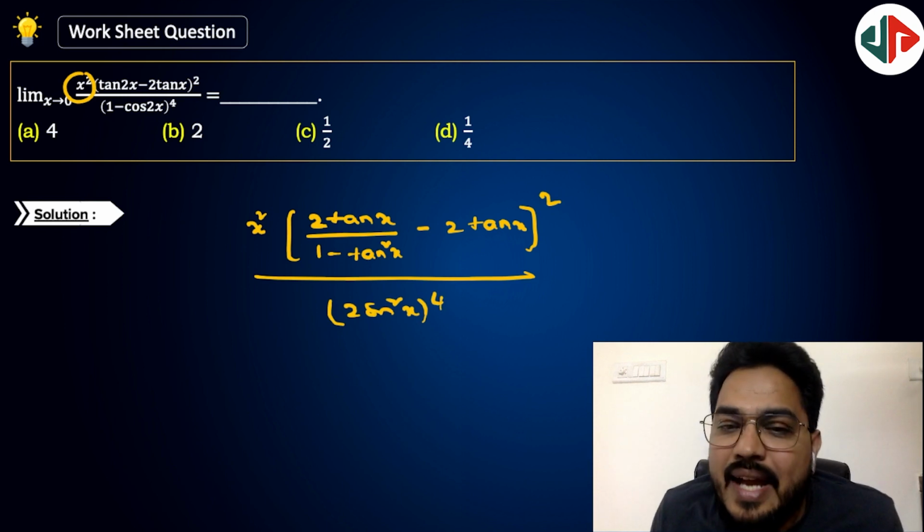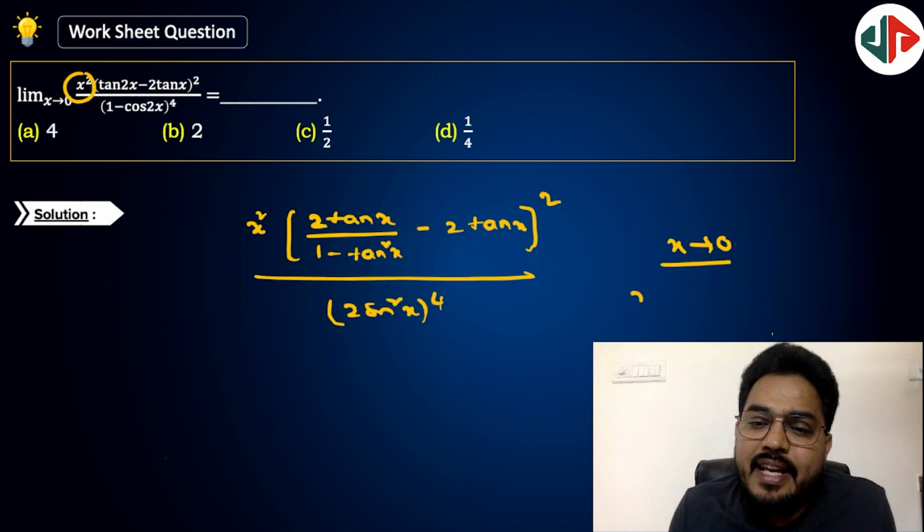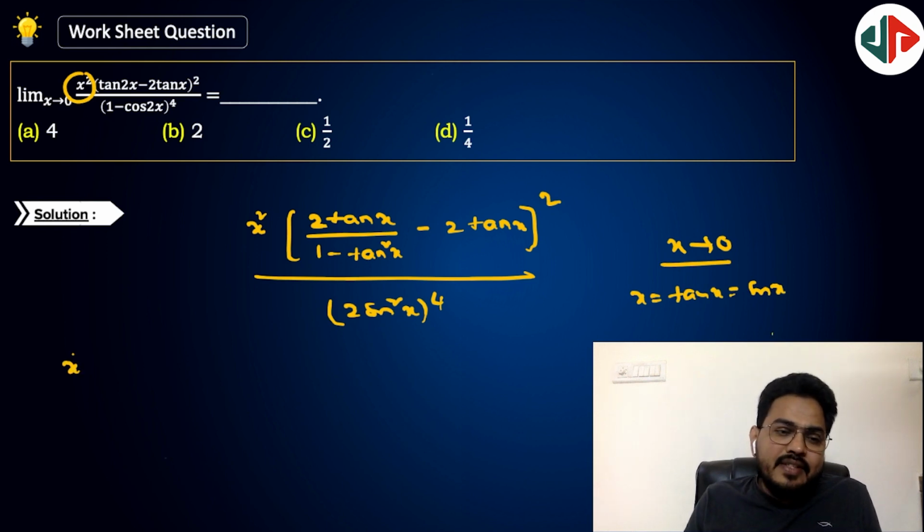I'll tell you, as x is very small, I can write x is equal to tan x is equal to sin x.